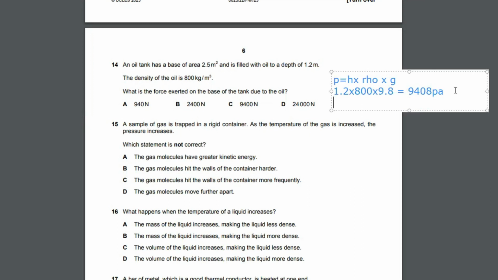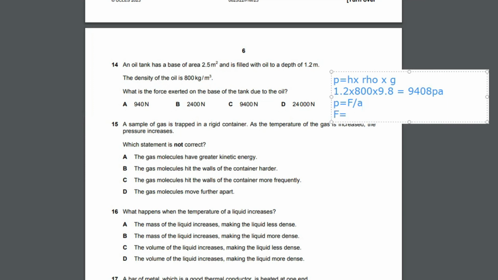Now I will use this pressure to calculate the force exerted. The pressure is equal to force per unit area. So I know how much pressure this oil is putting on the base of the tank. So I will arrange this for force.